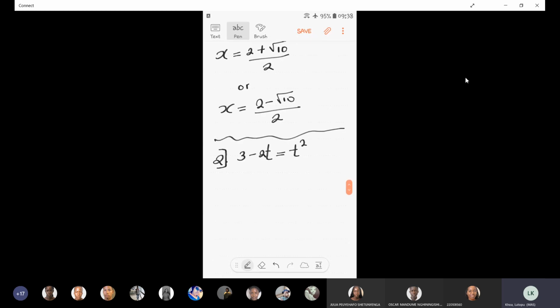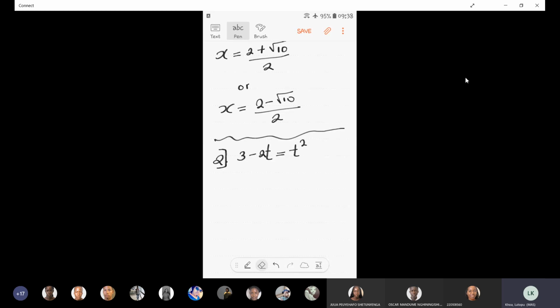We could use the Greek ones, alpha, beta, theta, and so on. The principle is the same, so it doesn't matter what your variable is. If you're using the quadratic formula, first you must rewrite it in standard form. If I have it the way it is, I cannot say my a is 1, my b is -2, and c is 3. That will not be correct.